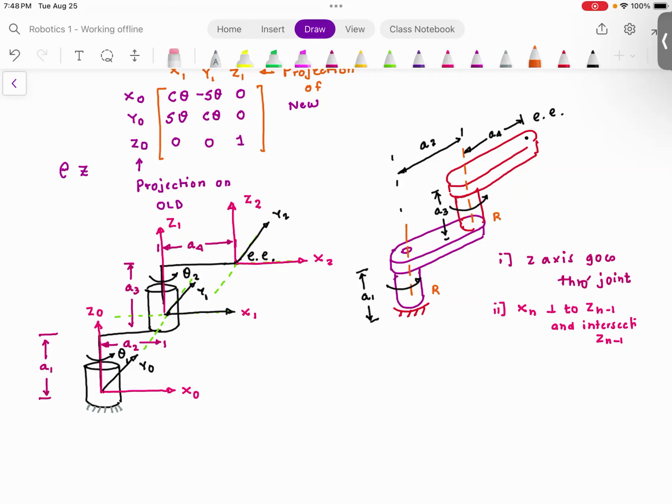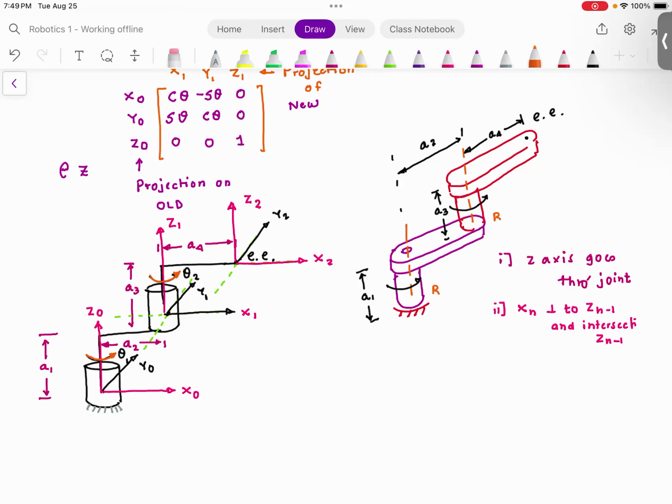So this is theta 1 and this is theta 2. Curl your fingers in the direction of theta and you will notice theta 1 is positive, theta 2 is also positive.